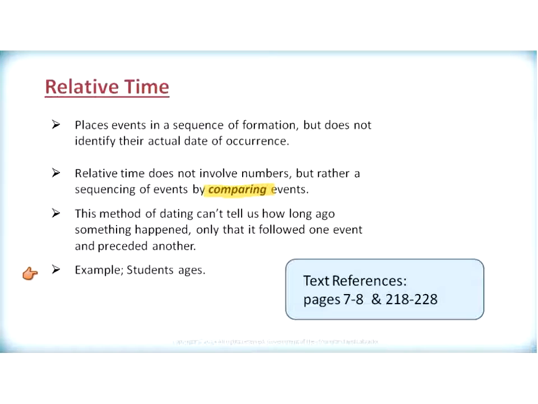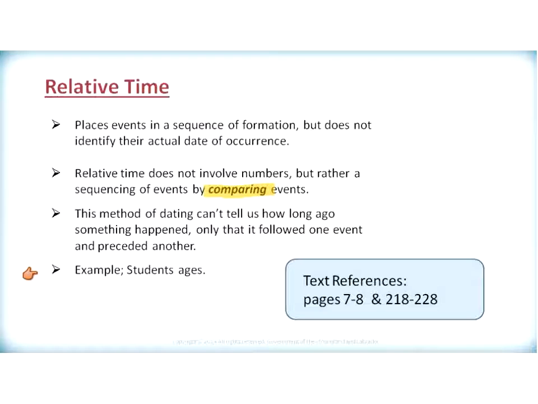If you look at a class full of students with a variety of levels from level 1 to level 3, we could place all the students according to relative time. Students in level 1 would be younger than students in level 2, which would be younger than students in level 3.